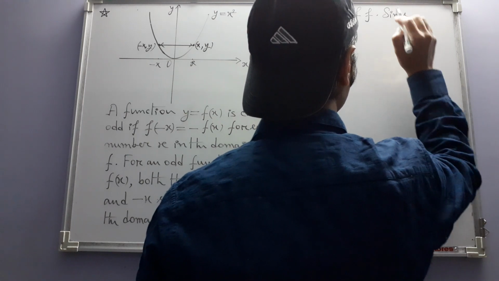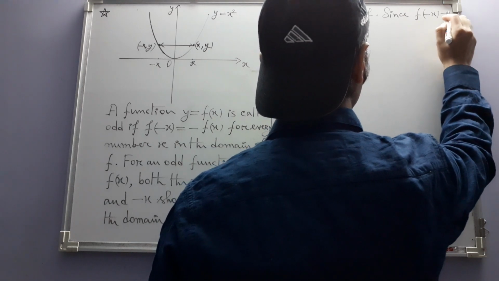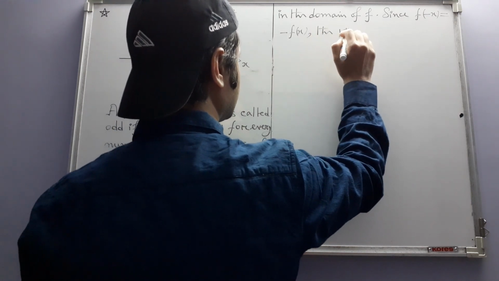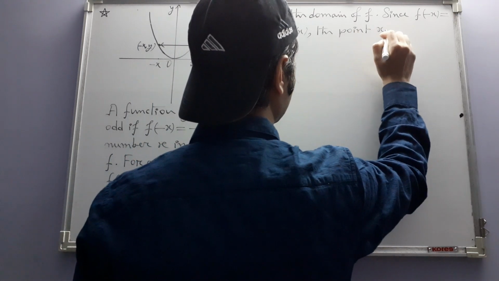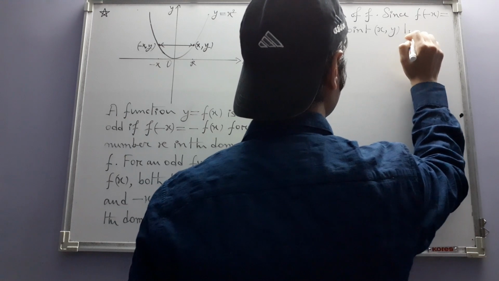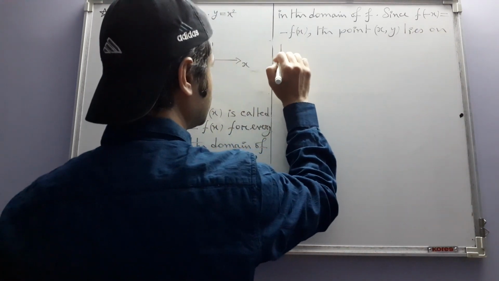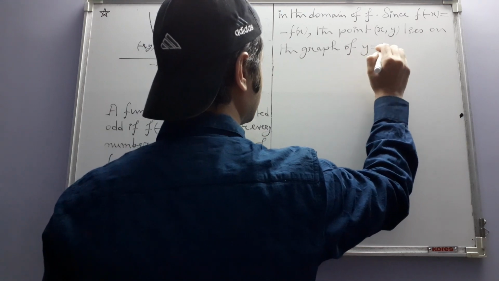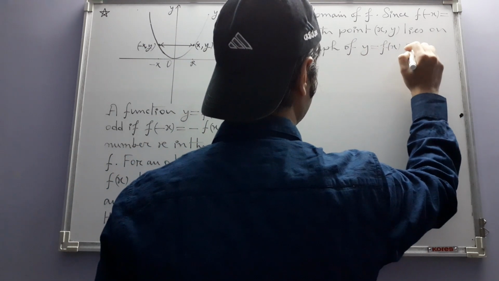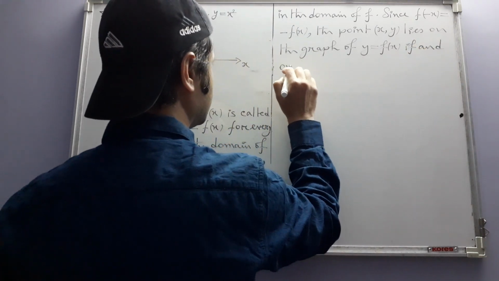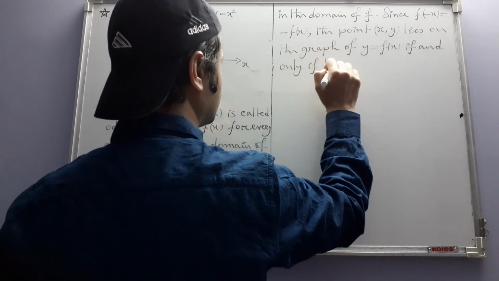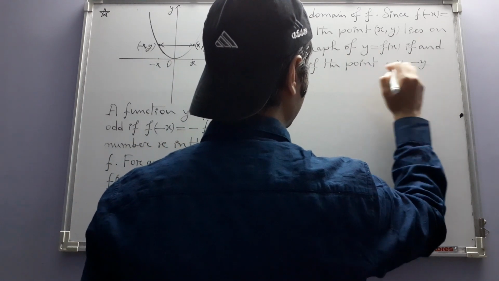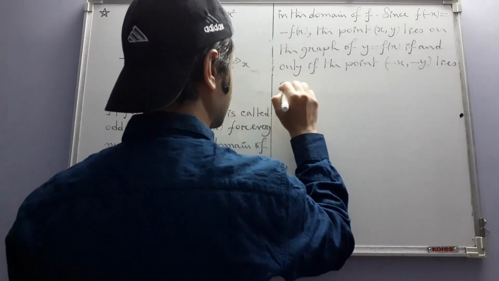Since f of minus x is equal to minus f of x, the point x comma y lies on the graph of the odd function y equal to f of x if and only if the point minus x comma minus y lies on the graph.